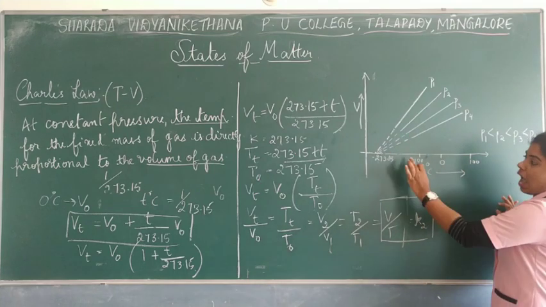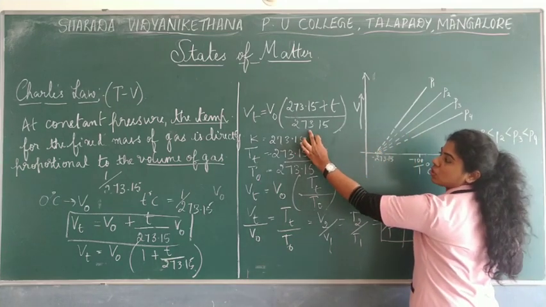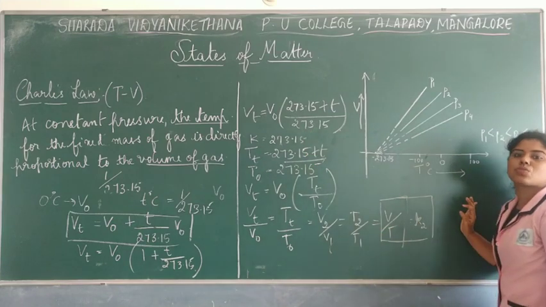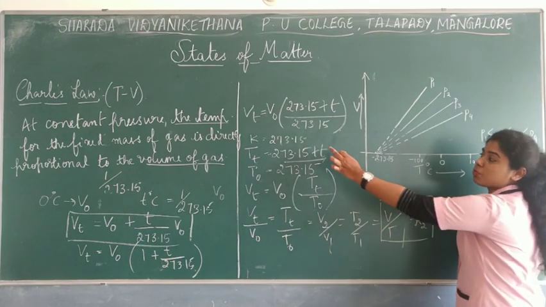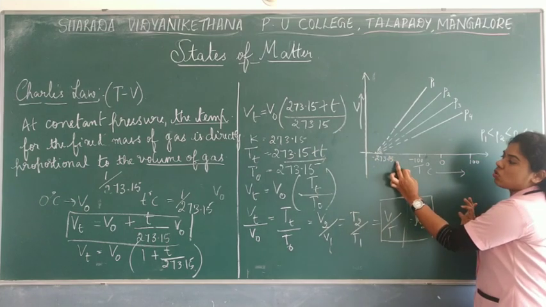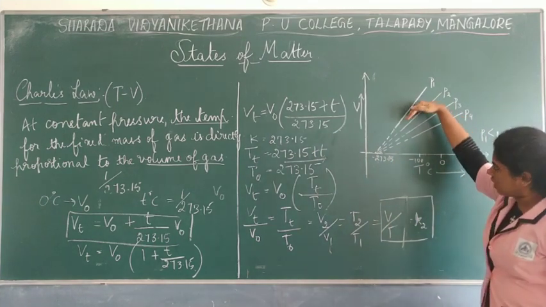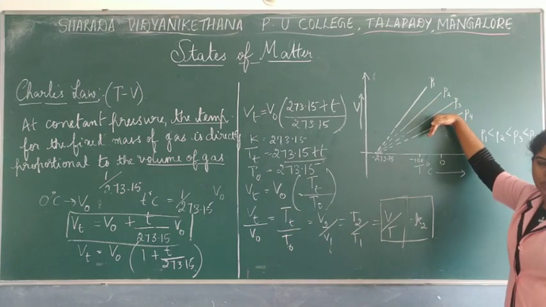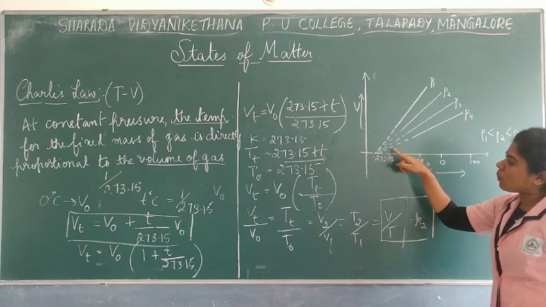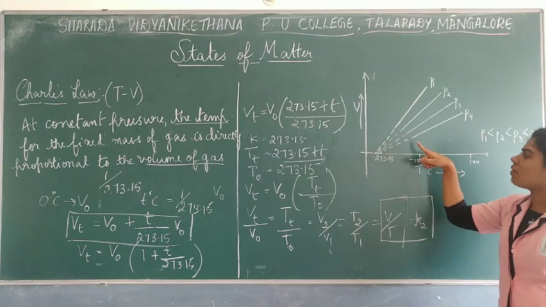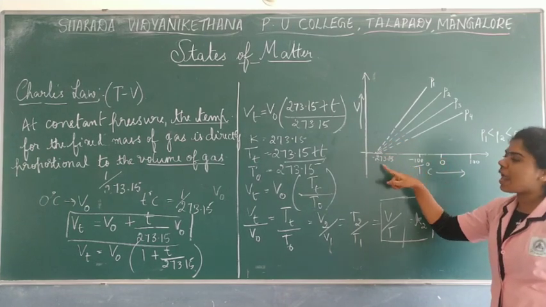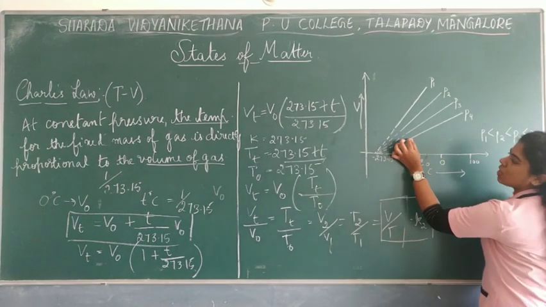Now, as I said, you have an absolute scale of temperature here, 273.15. This particular value, you can also prove by looking at the graph. Now, when these straight lines were obtained, children, the lines were extrapolated, they were extended towards the x-axis. See here, these dotted lines.